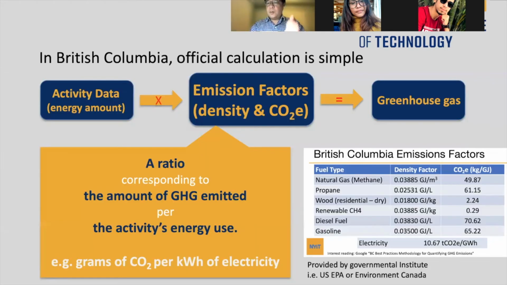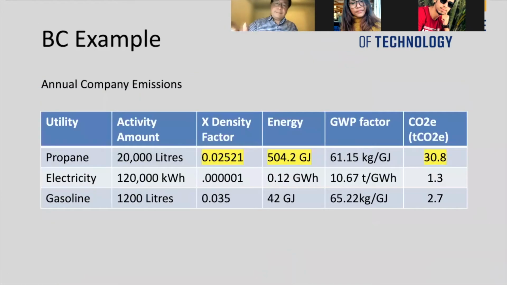The second part we need to know is the emission factor. That means, in terms of the unit, how many kilograms or tons of carbon dioxide we emit per 1 gigajoule. That is the number in this table. So we get back to our example.